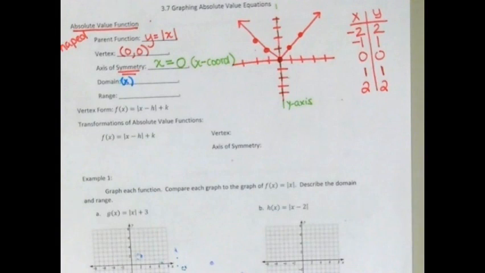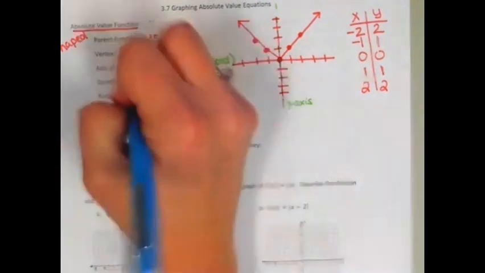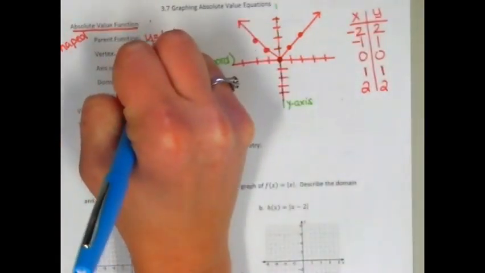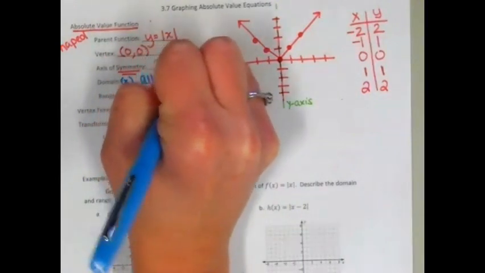Can I take the absolute value of -1,000? Yeah. Is there any number I can't plug into x that would get me a y? Fraction? Well, what's the absolute value of 1/2? 1/2, isn't it? So I can do that. So there's no number I can plug in that doesn't have an absolute value, right? So our domain is all real numbers.